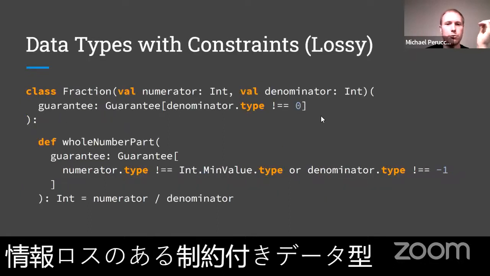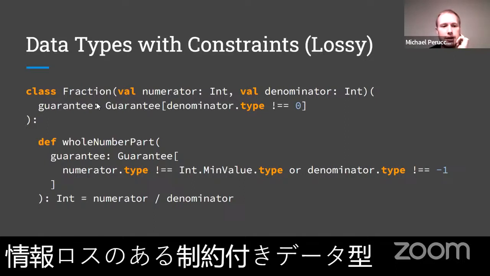So how this could work is if we have, for example, a fraction type. And a fraction has a numerator and a denominator. And if we want to make a fraction, we need a guarantee that the denominator is not equal to 0. And if we can provide that, then we can create a fraction.